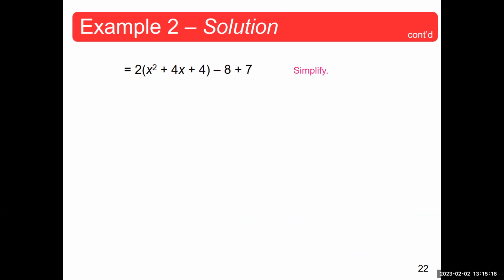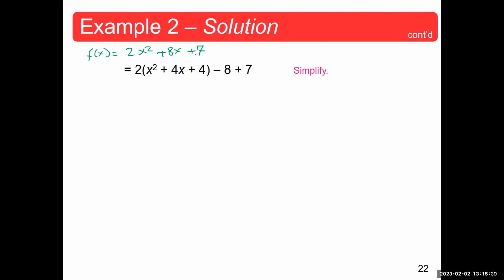See, the one they have in the book: f of x equals 2x squared plus 8x plus 7.